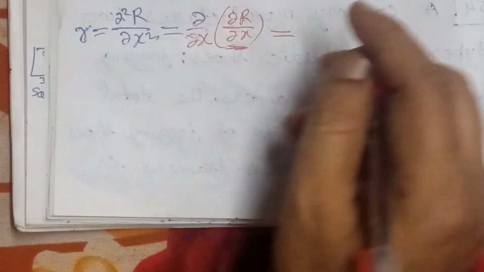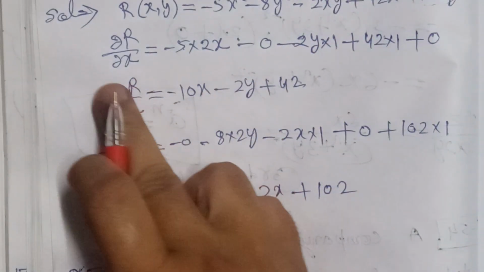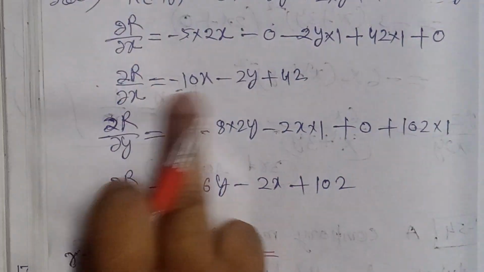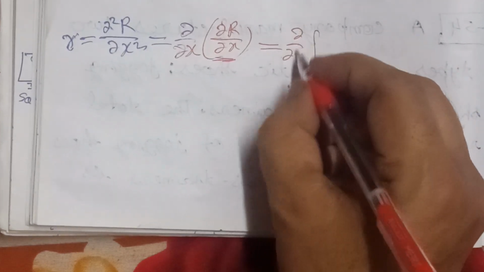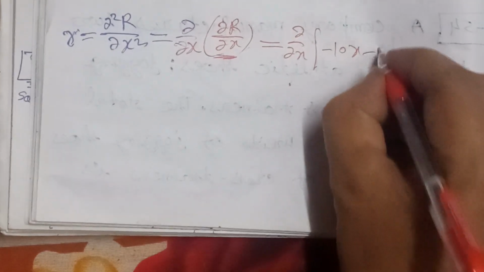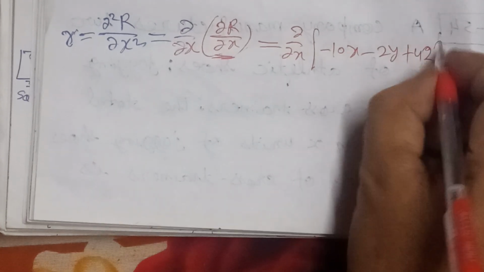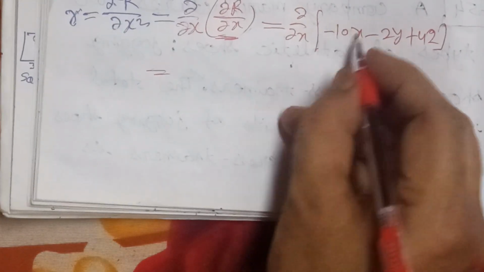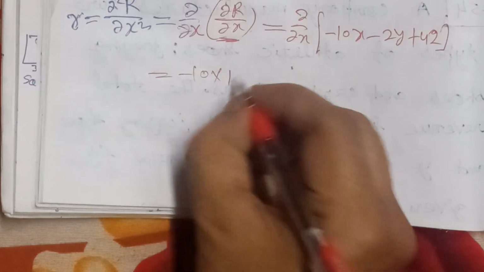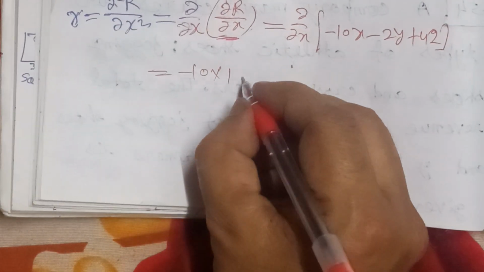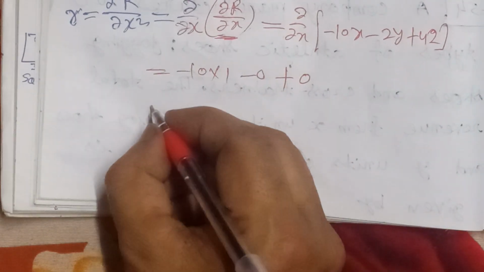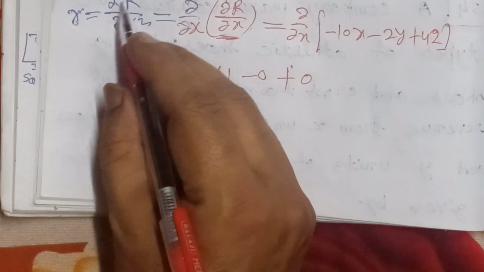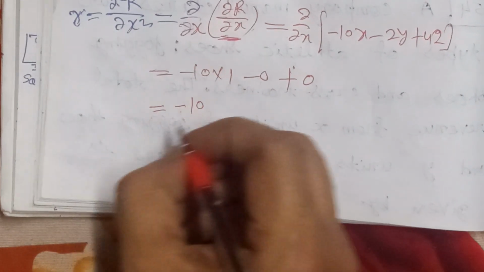We have already found del R over del x, which is written here: minus 10x minus 2y plus 42. We differentiate with respect to x, we get minus 10 into 1, the differentiation of 2y is 0, and the differentiation of the constant is 0. We only get minus 10, which is the value of del 2R over del x square.